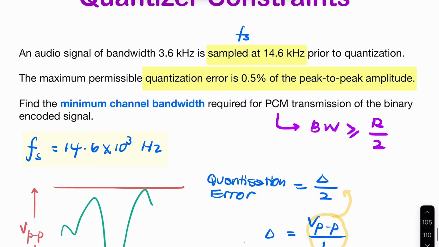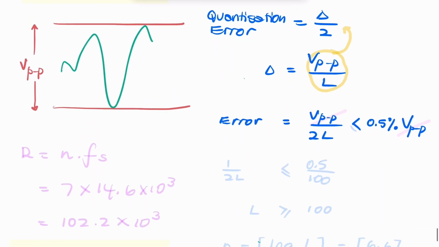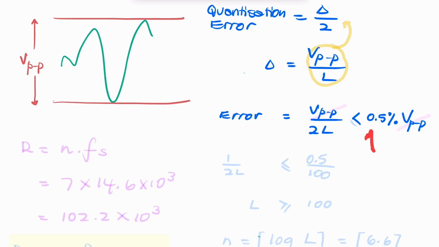And our error, we know, is less than or equal to 0.5% of V peak-to-peak. We're told that in the question. So I guess V peak-to-peak is no longer important. We can cancel that. That gives us an expression that we can solve for L.